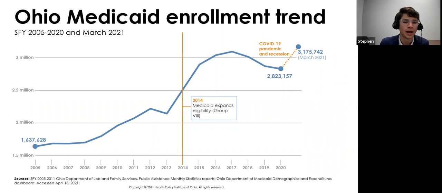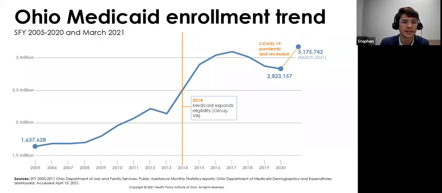Medicaid enrollment in Ohio is impacted by a number of factors. During periods of economic downturn, unemployment and underemployment rise, incomes stagnate, and people turn to safety net programs like Medicaid, which leads to increased enrollment. As we discussed earlier, we saw this happen largely due to the wide-ranging impacts of the COVID-19 pandemic over the past year.